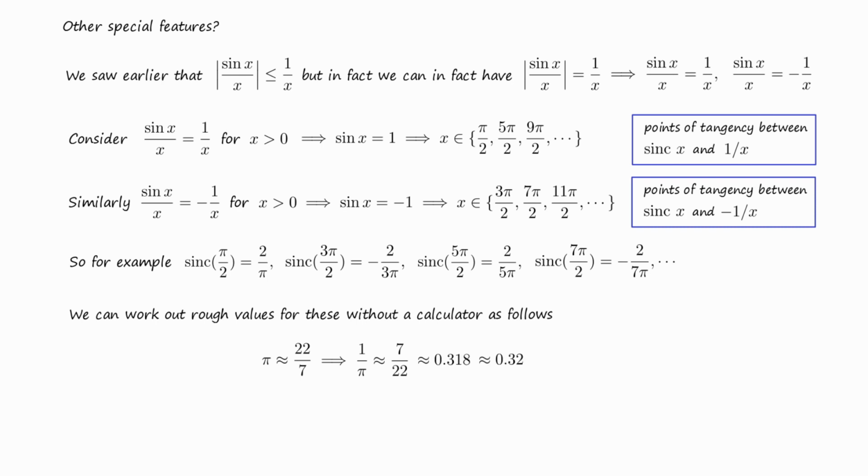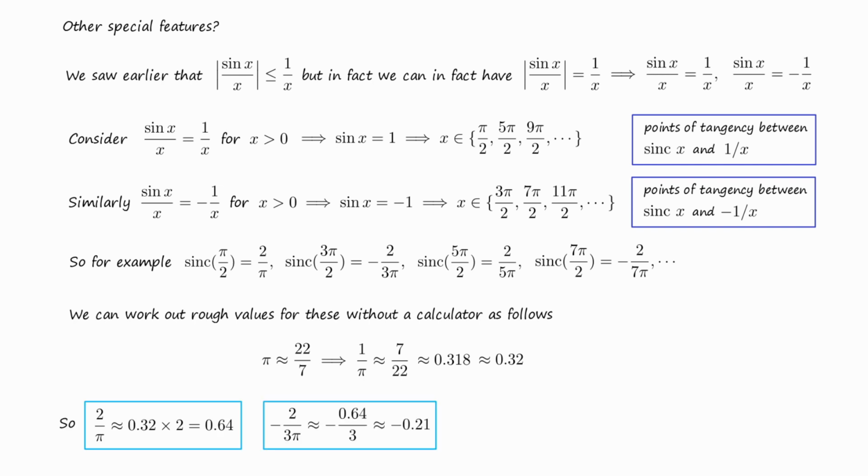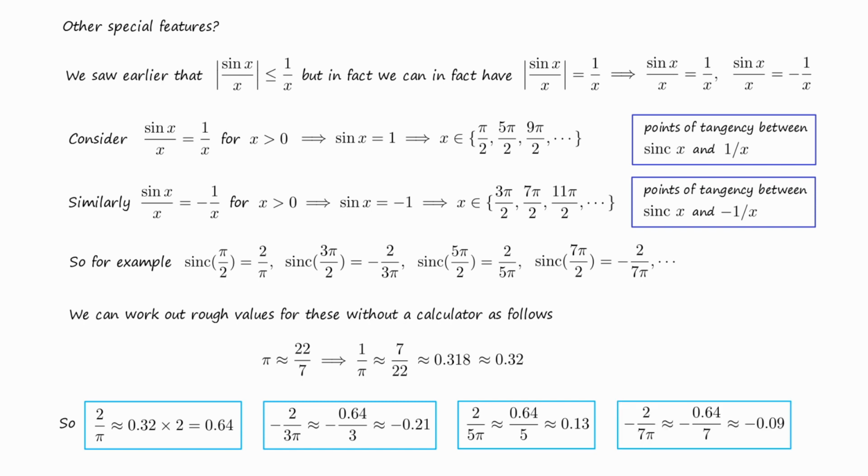And by long division, we find that 7 over 22 is approximately 0.318 or 0.32, which for our purposes is close enough because we only want to sketch the graph. And from that, we have the following approximations. 2 over pi is 0.64, negative 2 over 3 pi is negative 0.21, 2 over 5 pi is 0.13, and negative 2 over 7 pi is negative 0.09.